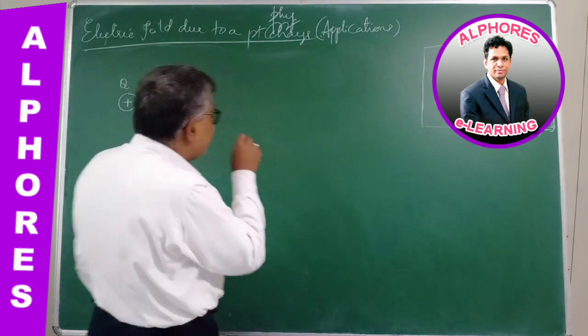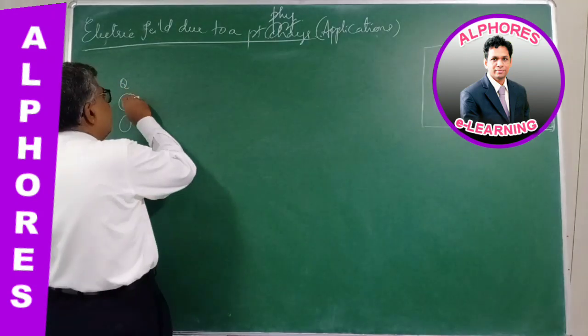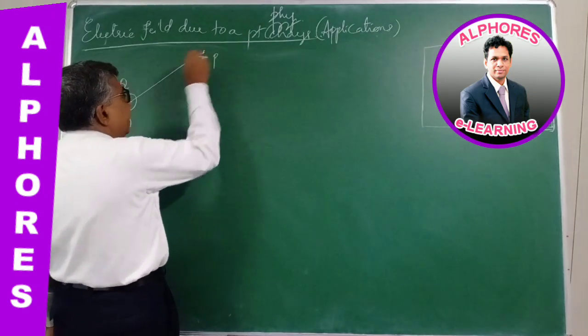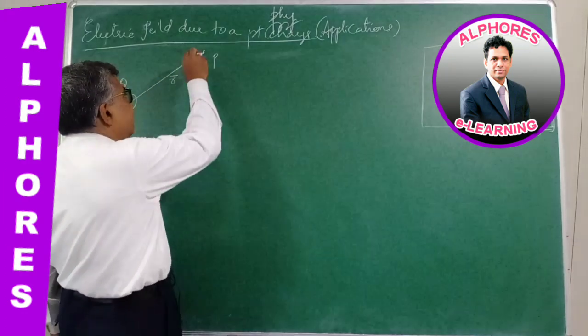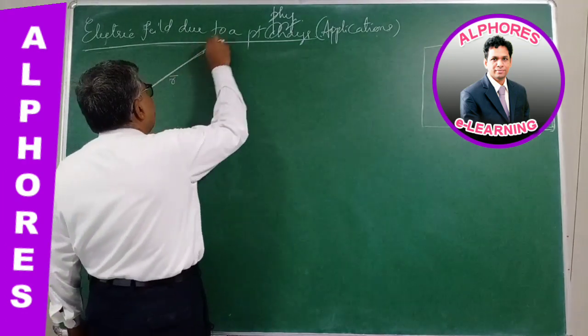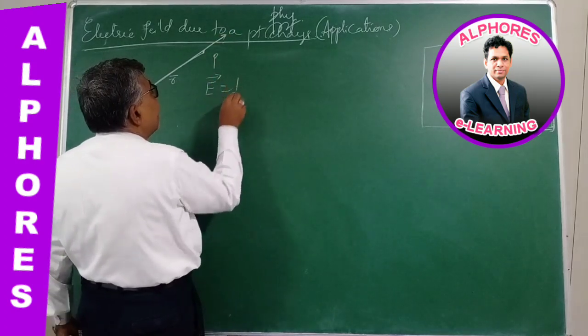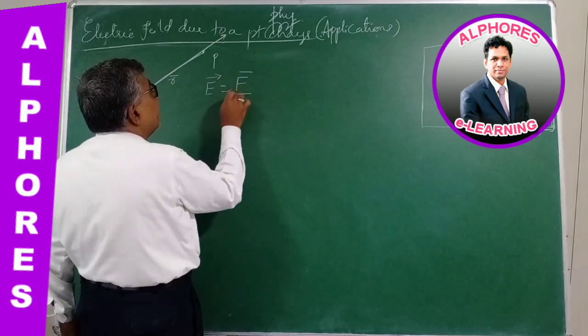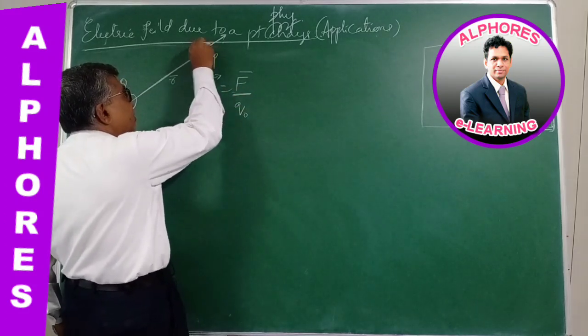If I imagine this charge to be at the origin O, and I have to find the electric field at a point P whose radius vector is r bar, then the electric field E bar is given as F bar by Q naught. We have to place a test charge Q naught here.